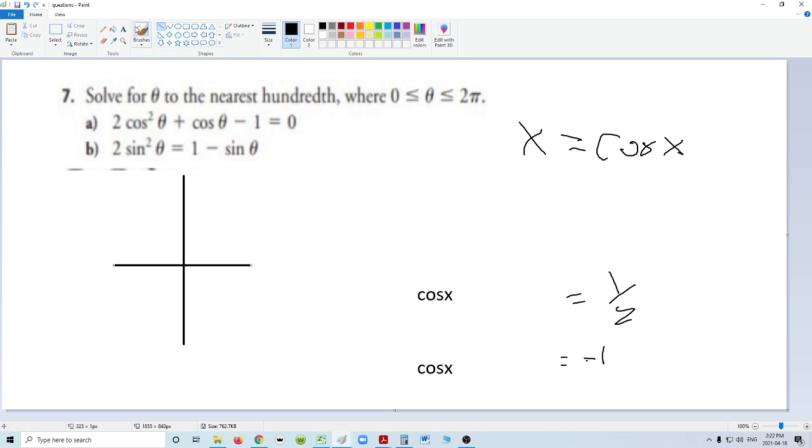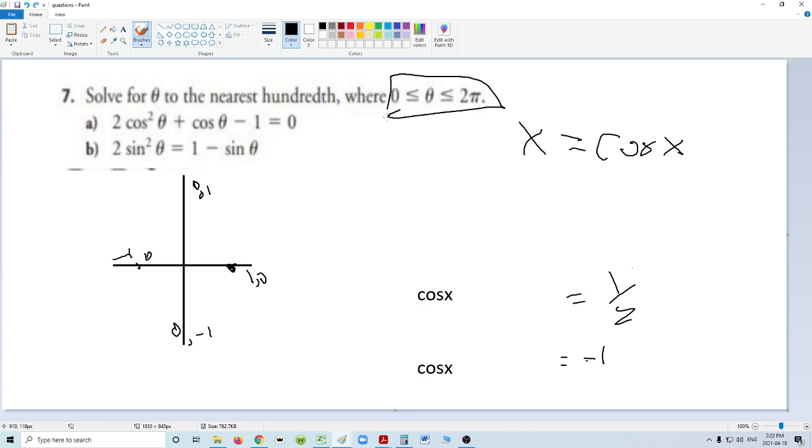Yeah, you remember if we go around the unit circle, the x, y values are cos comma sine. The first one's 1 comma 0, the second one's 0 comma 1, the next one's minus 1 comma 0, and the next one down here is 0 comma minus 1. Well, if you look at cos, it's the first x value of each of those. And where is it minus 1? Only one spot, right over there.